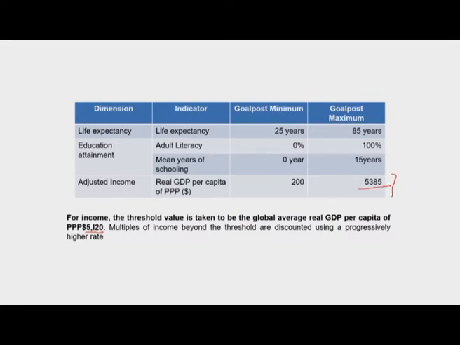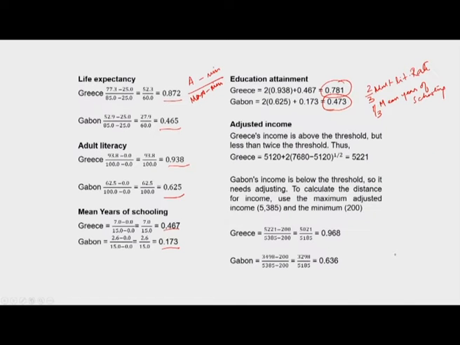The real income that was actually provided from the list of countries was USD 40,000 in terms of purchasing power parity, but when this amount is discounted using a progressively higher rate, it comes out to be 5,385. So Greece's income is above the threshold, but it is less than twice the threshold.